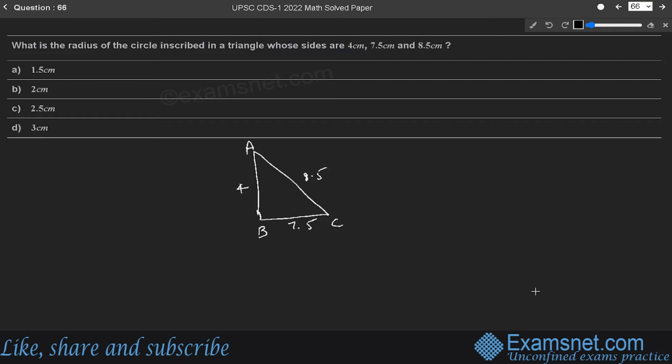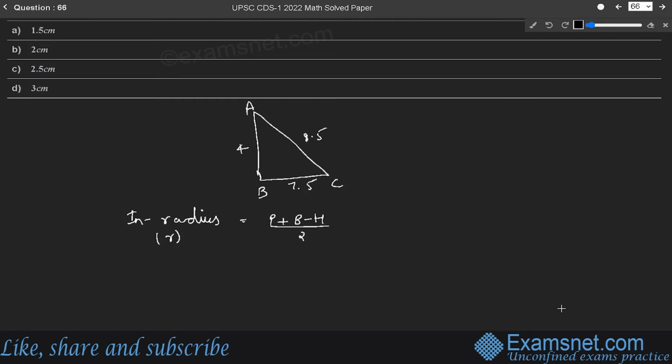Therefore, the inradius of a right angle triangle is equal to P plus B minus H upon 2, and the inradius is denoted as R. Here P is the perpendicular, B is the base and H is the hypotenuse.